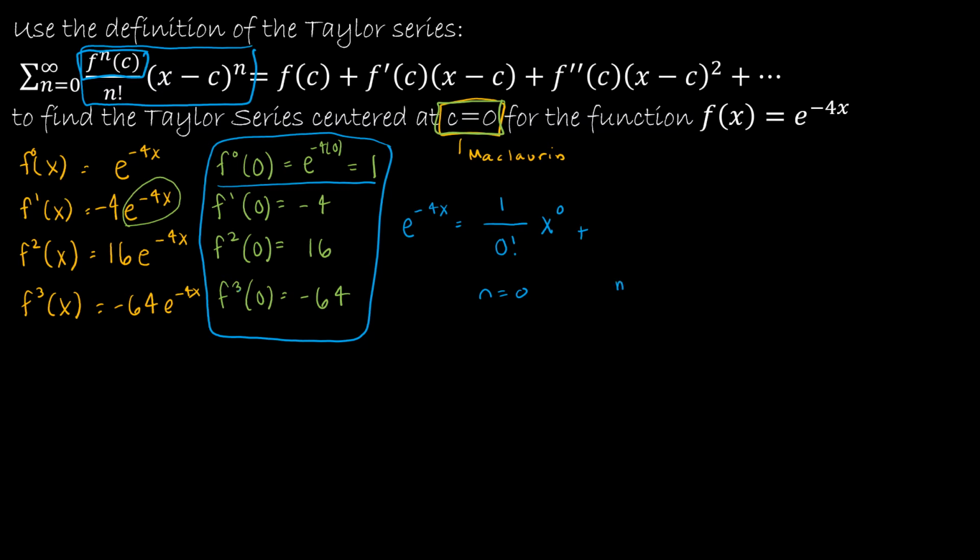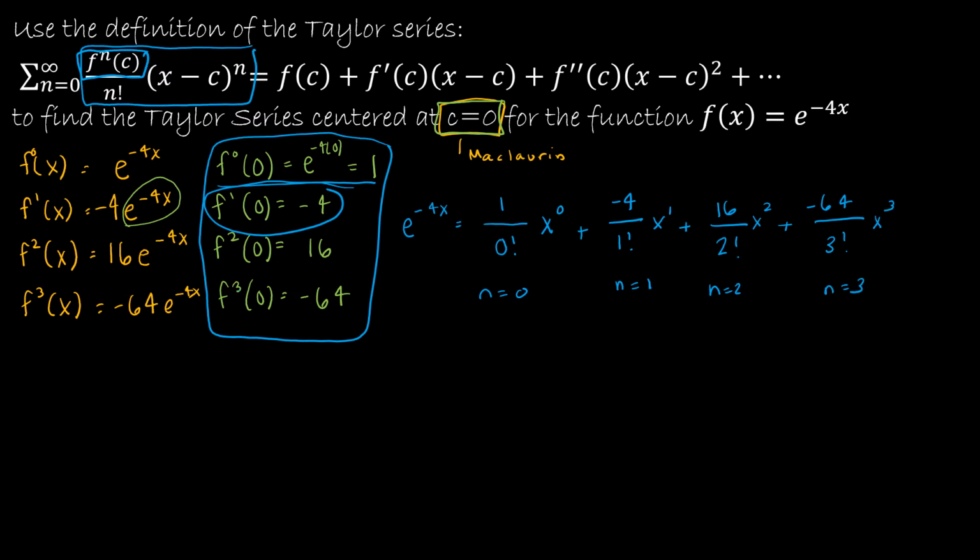For n equal to 1, I'm going to now use negative 4, and then 1 factorial x to the first. And for the second derivative, it's 16, and then 2 factorial, because n is 2, x squared, and then negative 64, 3 factorial x cubed.